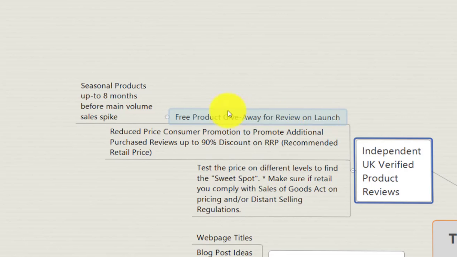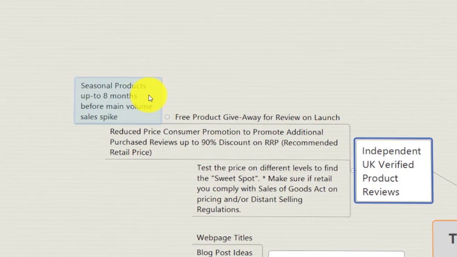If you have a seasonal product which sells at Christmas or spring, Mother's Day, Father's Day, Valentine's Day, and whatever it may be, get those products out there up to 8 months before the main sales volume spike. That way you're getting reviews, you're getting people to buy it, you're getting some longevity.